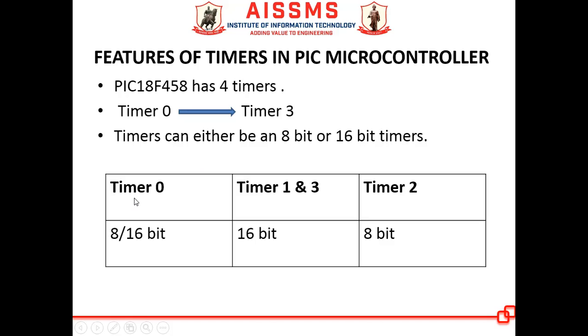So if you see, there are 4 timers. Timer 0 is a 8/16-bit timer. That means you can configure timer 0 as a 8-bit timer, or you can configure it as a 16-bit timer. Timer 1 and timer 3 are both 16-bit timers, and timer 2 is a 8-bit timer.